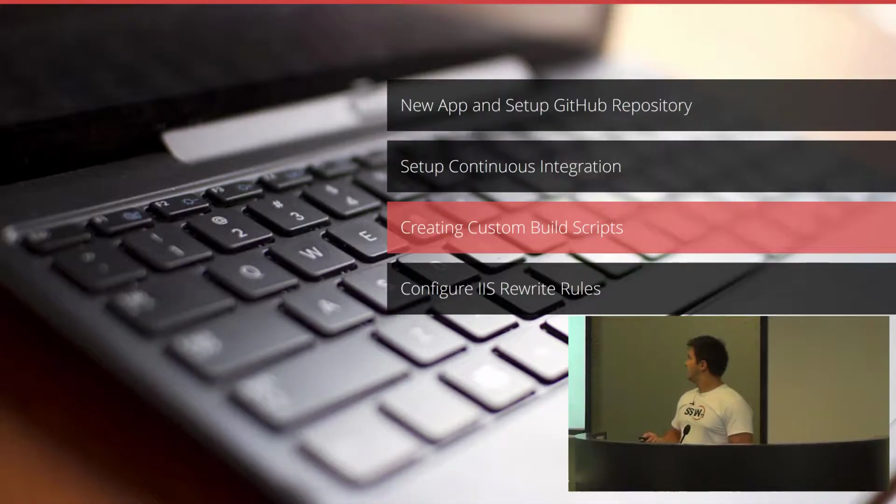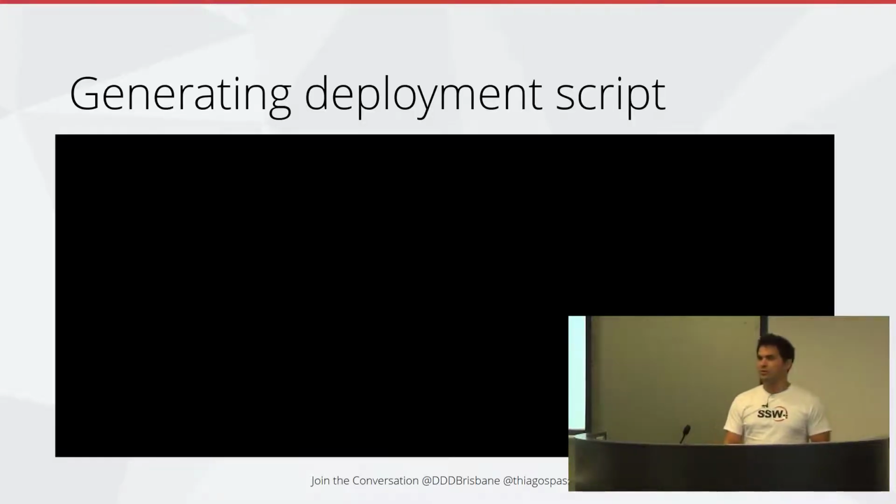Okay. So that's it. Now I'm going to set up the custom build script. In Azure, we have something called Kudu script. Who here has heard about Kudu? Right, just a few here. So Kudu is an Azure engine to do the build.